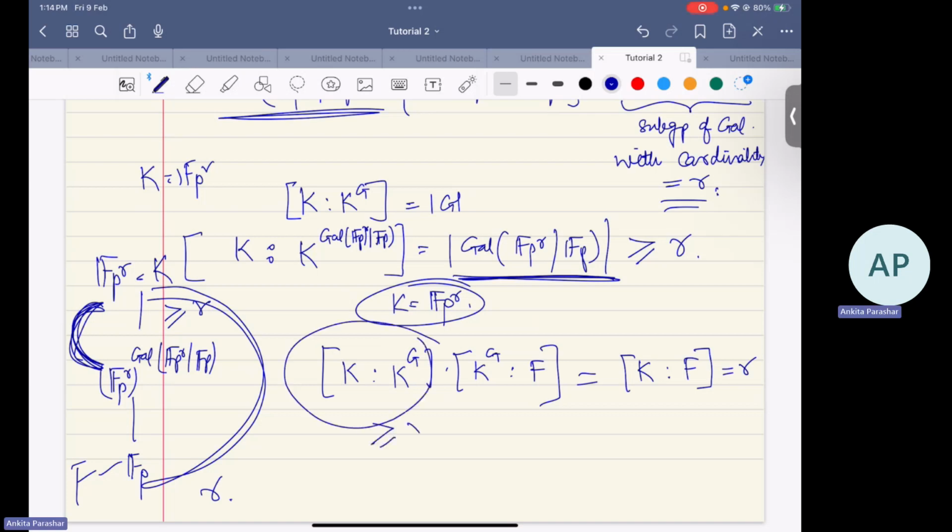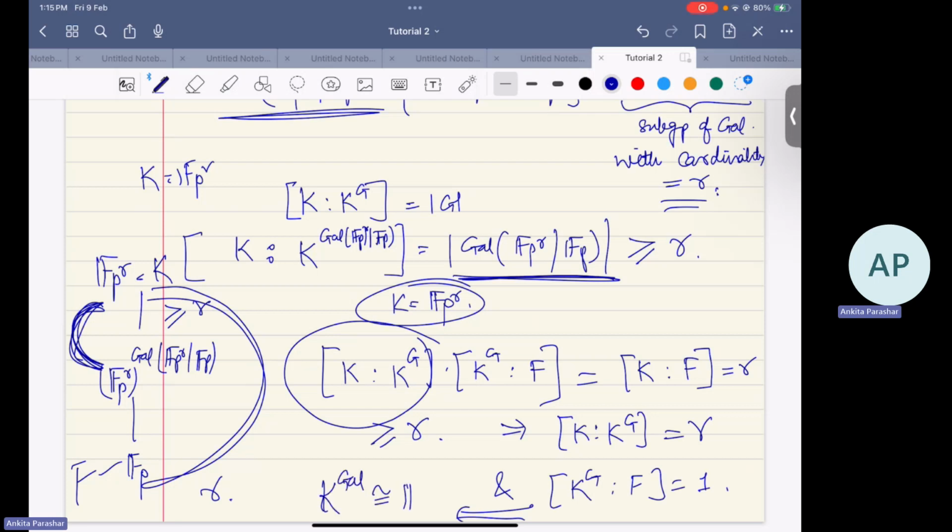Can it happen? No, it will only happen if we have K over Kg equal to R and Kg over F is 1, which implies your fixed field of the Galois group is nothing but the finite field Fp. Right?